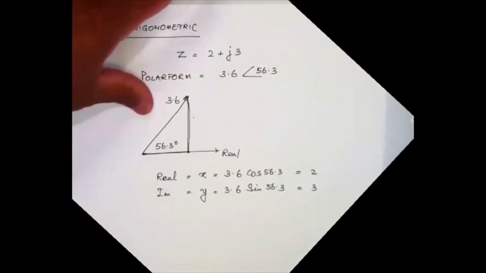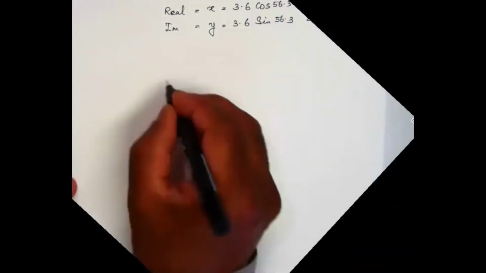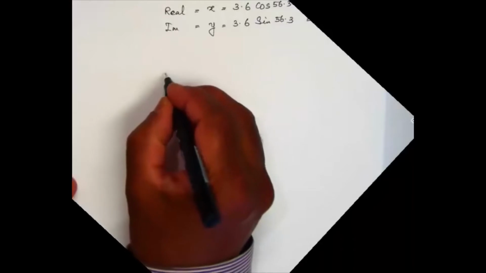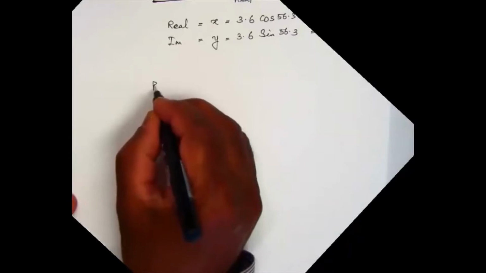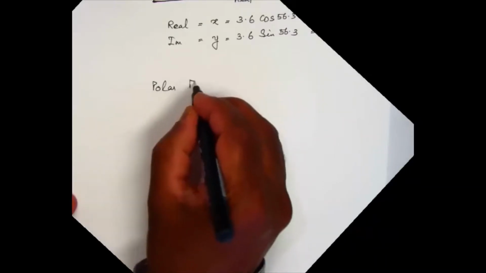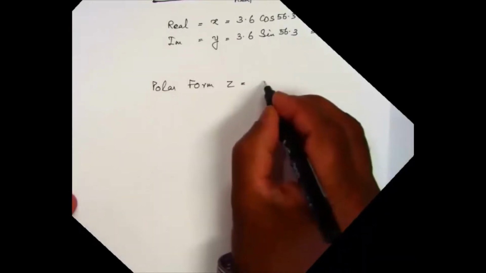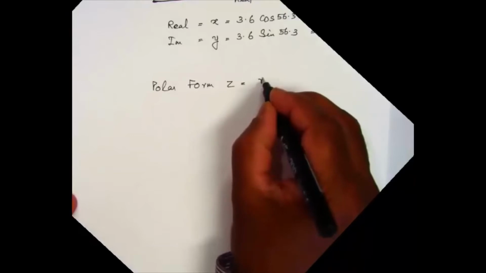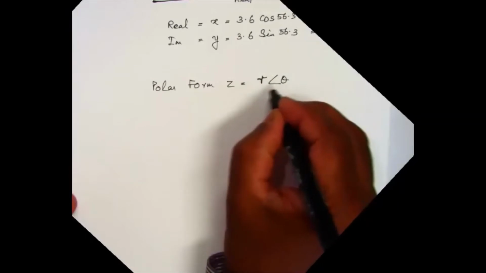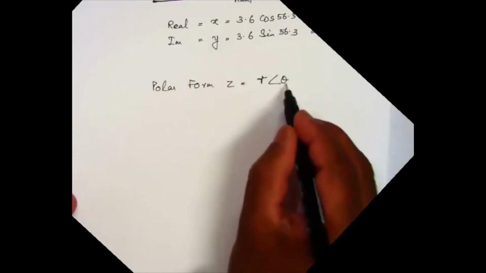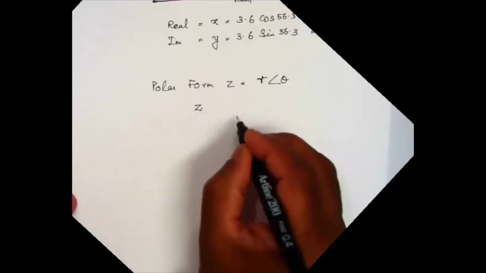So in general, if we have a complex number in polar form, say z is equal to, shall we say, r angle theta, where r is the modulus and theta is the angle, we can represent that in the trigonometric form.